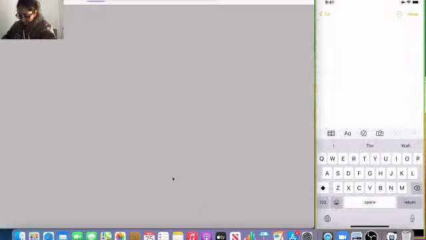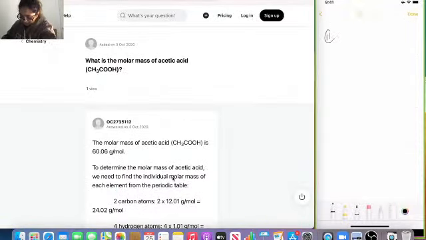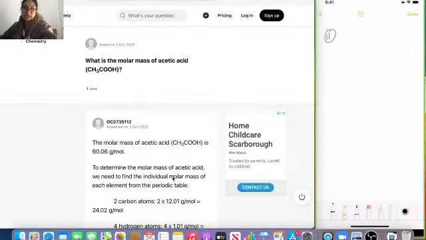Okay, so the next question says, what is the molar mass of acetic acid? Also, by the name you can probably guess that this is an acid. It has a proton.